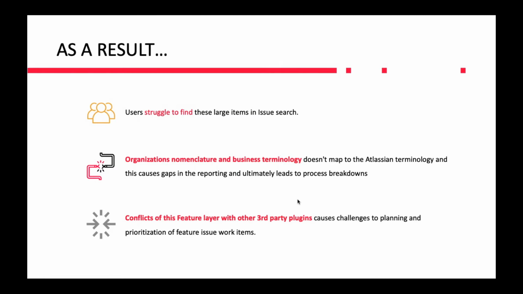Organizations' nomenclature and business terminology doesn't map to the Atlassian terminology, and this causes gaps in the reporting and ultimately leads to process breakdowns. This conflict of the feature layer with other third-party plugins causes challenges to planning and prioritization of feature issue work items. In addition, feature workflow and progress against features in teams working on features get murky.